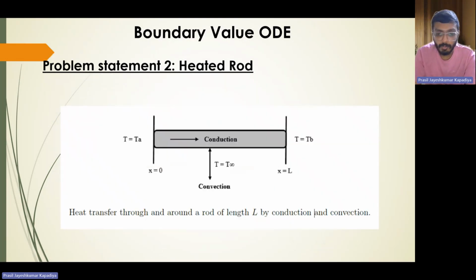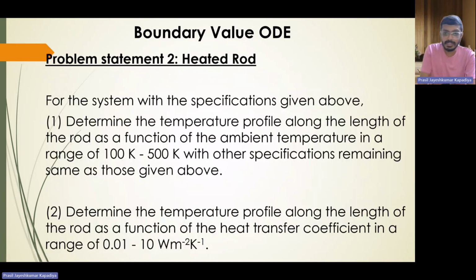So this is the pictorial form of the problem statement, where this is the rod, this is conduction, this is convection. At x is equal to 0, I have T is equal to 300 Kelvin, and at x is equal to L, that is x is equal to 10, my temperature is 1000 Kelvin. For the system with the specifications given above, the first part that we need to do is determine the temperature profile along the length of the rod as a function of ambient temperature in the range of 100 to 500 Kelvin, with other specifications remaining the same.